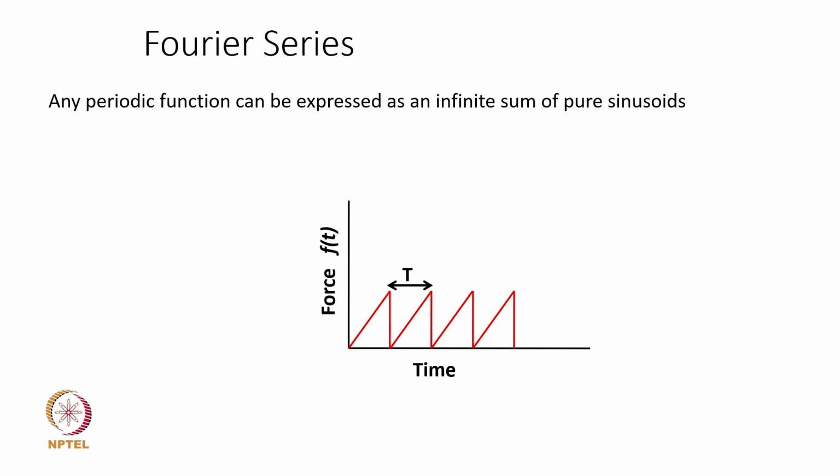So, coming back to this Fourier series, just a slight recap of what this Fourier series is. Any periodic function can be expressed as an infinite sum of pure sinusoids. Now, a mathematical statement, and for the illustration I am showing you a periodic time function, just like the sawtooth profile that we saw for the cam excitation case.